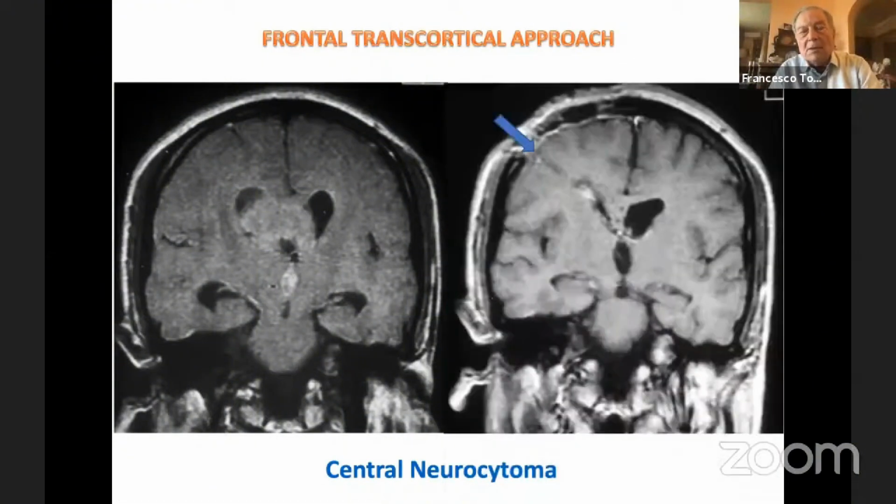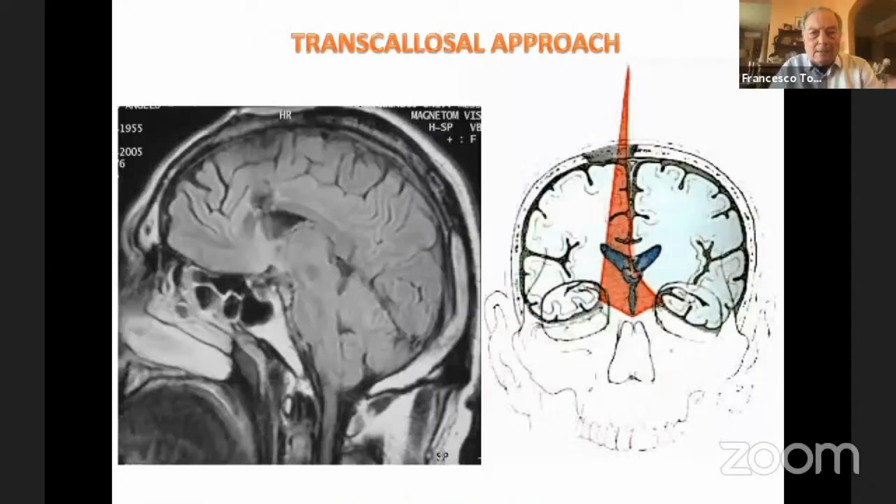And you see this was the approach used in this case. This is the arrow indicating the corridor, a very small corridor we used to reach the lateral ventricle and to remove this tumor.